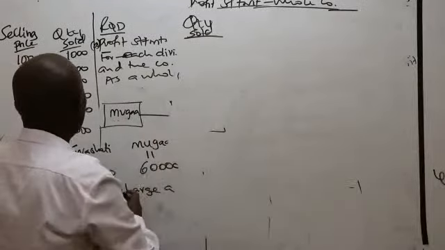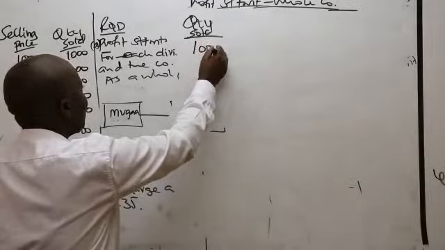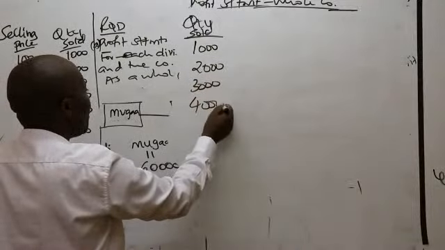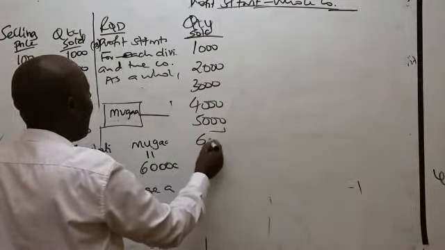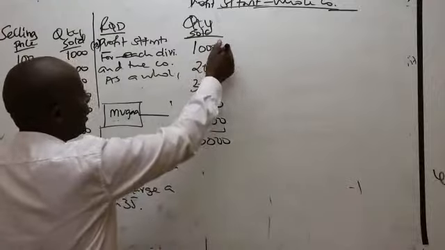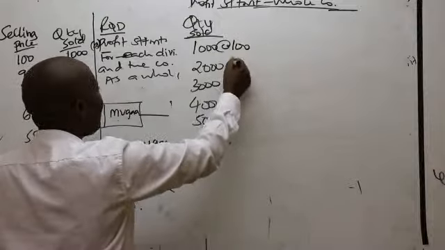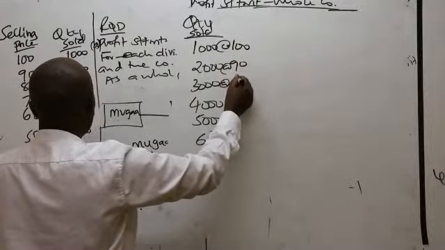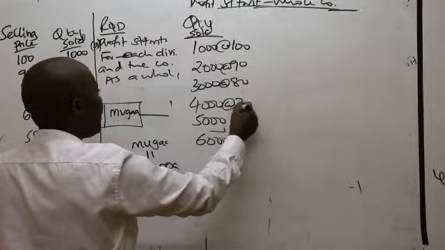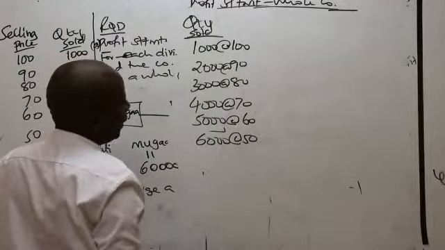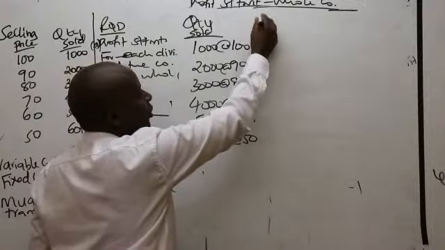So we have here quantity sold: 1,000, 2,000, 3,000, 4,000, 5,000, 6,000. Now give us the prices. We have 100, 90, 80, 70, 60, and lastly 50. So give us the revenues.